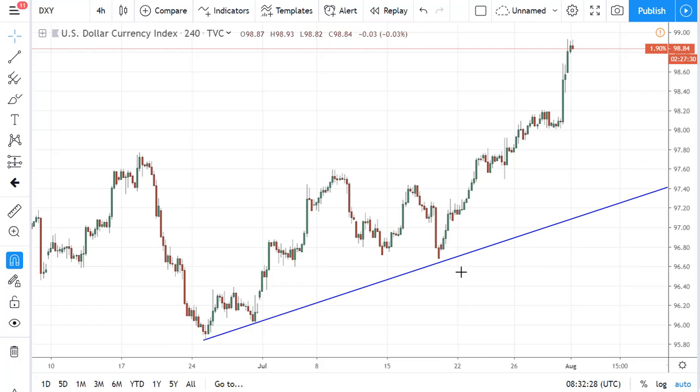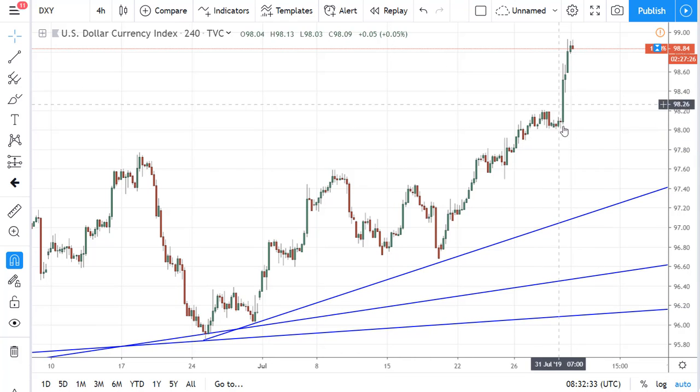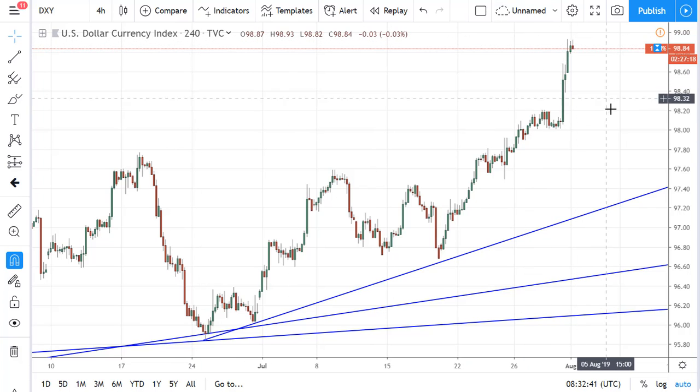What happens on the 4-hour chart? Same thing, it's bullish. This is news driven. So maybe at this 99 we will see some things happen before we head into our first correction, maybe around 98.